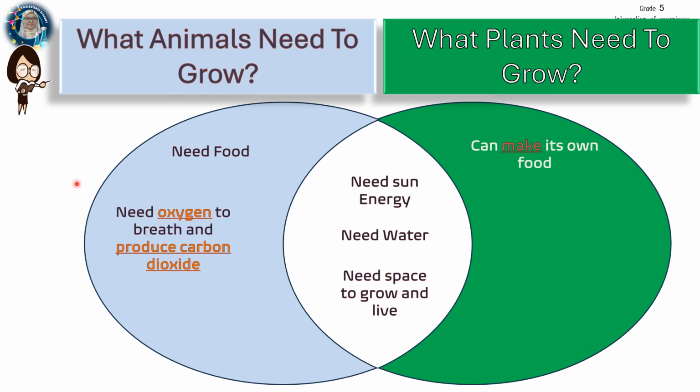Animals and humans need oxygen to breathe and produce carbon dioxide. They inhale oxygen and exhale carbon dioxide during the respiration process. Plants are different. Plants make two processes. Photosynthesis, as we said in the photosynthesis video.